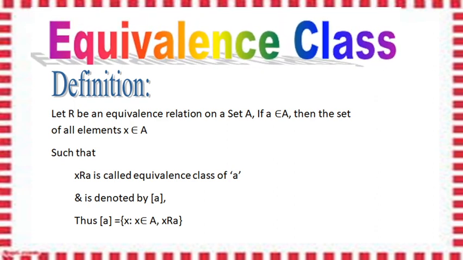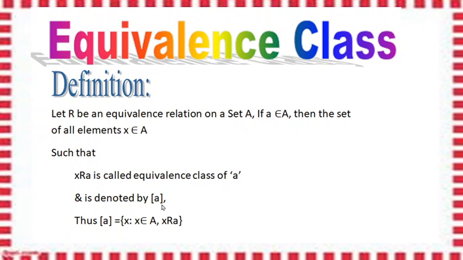The definition says, let R be an equivalence relation on a set A, and if all the elements small a belong to set A, then the set of all the elements x belonging to A, such that xRa, means x is related to a, is called the equivalence class of a.